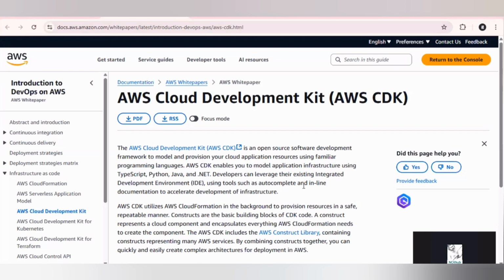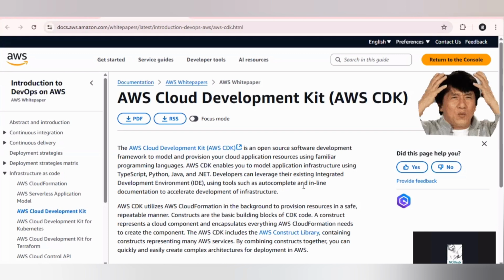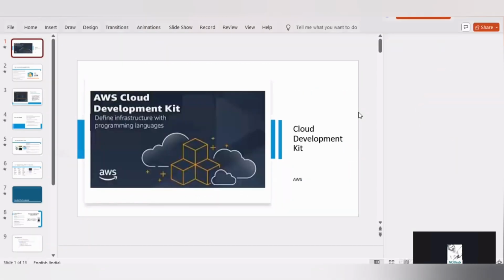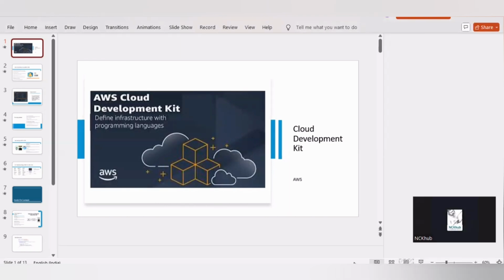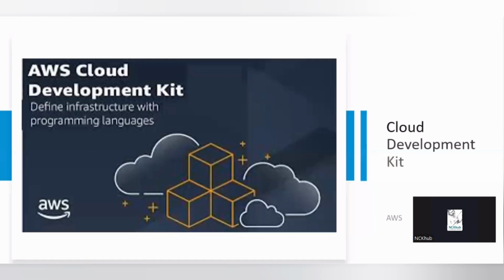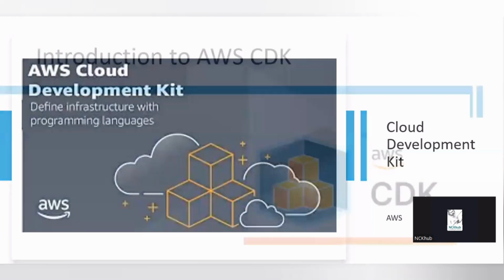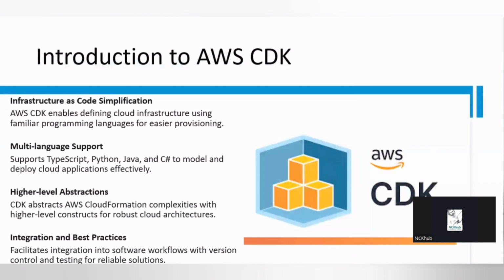So let's start understanding why AWS CDK and what is AWS CDK. For your ease of understanding, I have created documentation as well, which will be helpful for you. So let's navigate to understanding CDK. AWS CDK is a cloud development kit which defines provisioning infrastructure using a multi-language model.